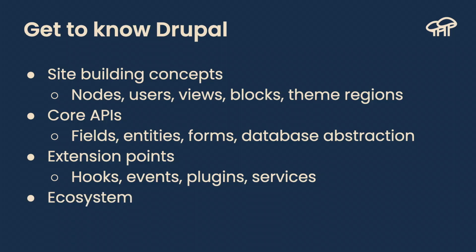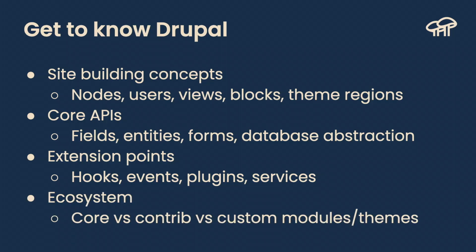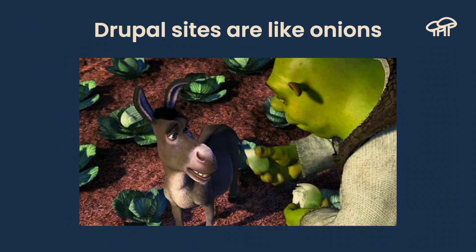And we also need to know about the ecosystem, if this is something related to core or contrib, or these are custom modules. And let me focus on site building concepts, because Drupal sites are like onions, and if you saw the movie, you know that onions have layers.